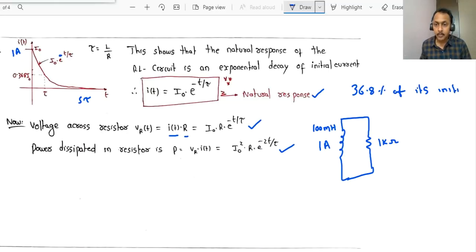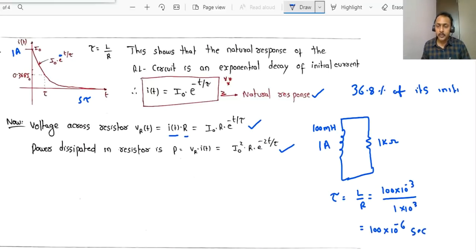That time is nothing but tau. Tau equals L by R, which is 100 into 10 power minus 3 divided by 1 kilo into 10 power 3. So it equals 100 into 10 power minus 6 seconds.